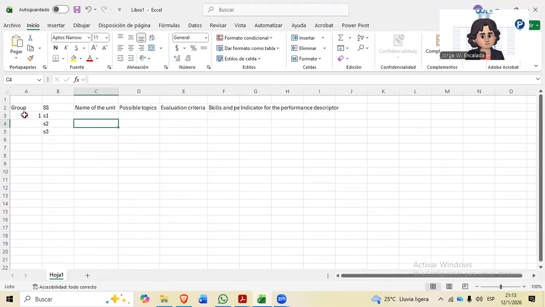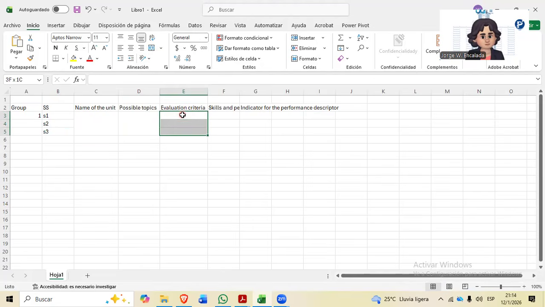Here you are going to put the name of the unit that you are going to develop in your project. Here you're going to put a possible list of topics. This doesn't have to be perfect, but it at least has to give us an idea of which are the most common topics across the unit that you want to develop.